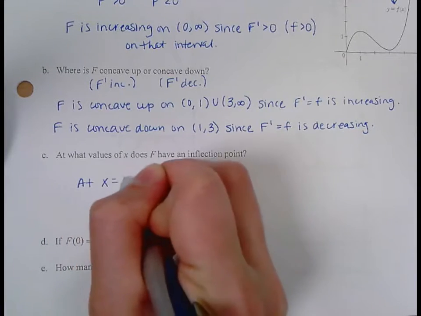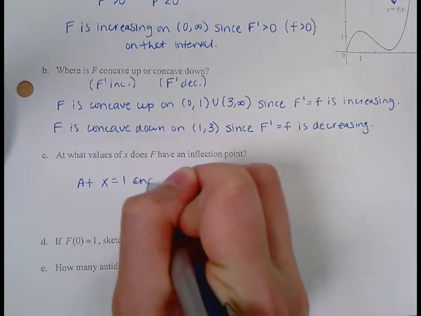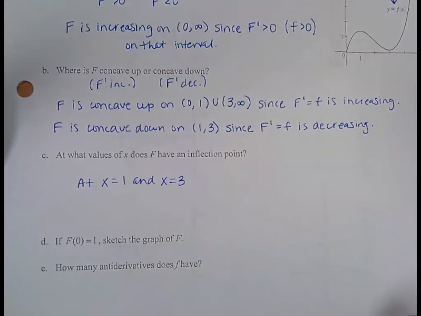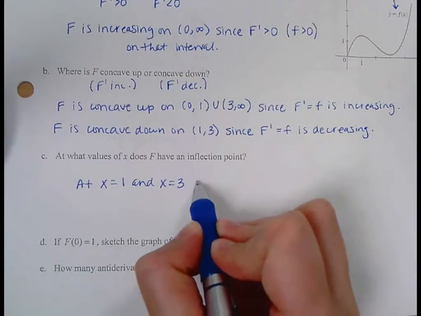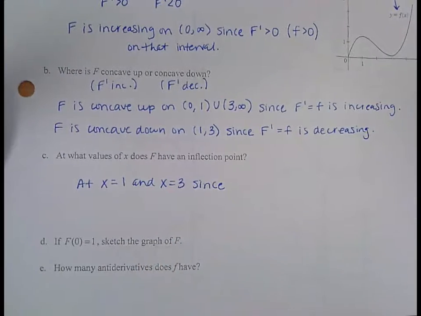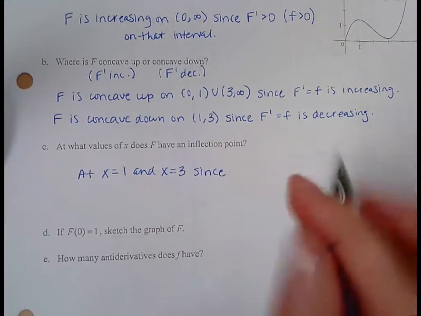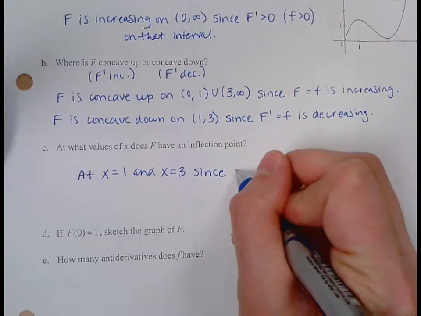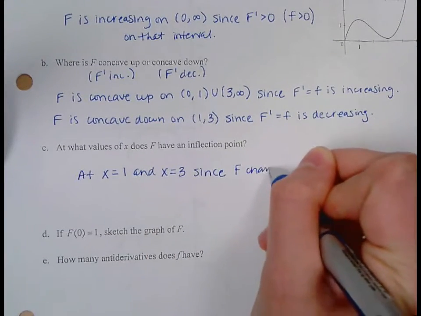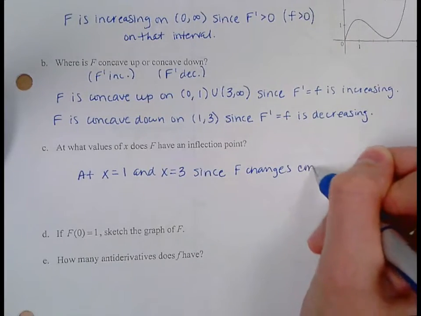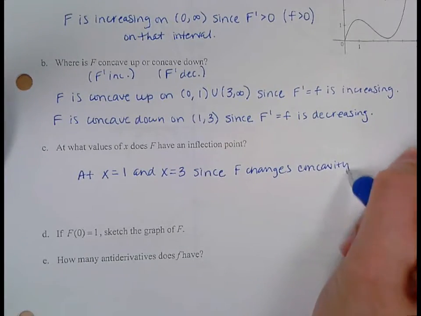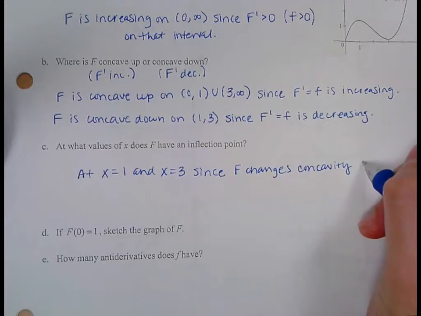So at x equals 1 and x equals 3. And again, if you want to write this down so you understand why, since this is where f is changing concavity, so since f changes concavity at those values.